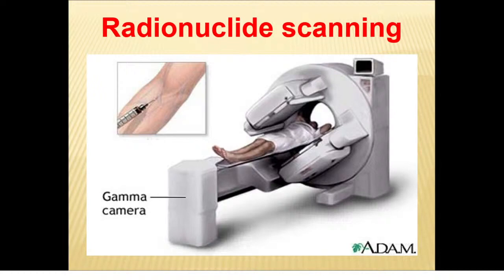But you understand this method needs a special room, special apparatus, and a special doctor, and it cannot be widely used, only in specific medical institutions. More widely we use electrocardiogram and echocardiogram.